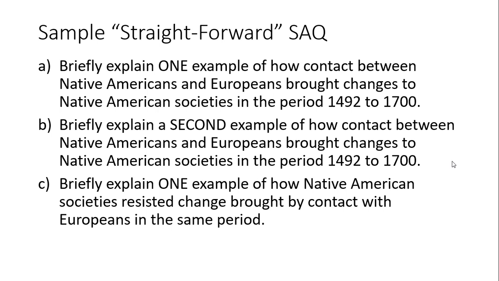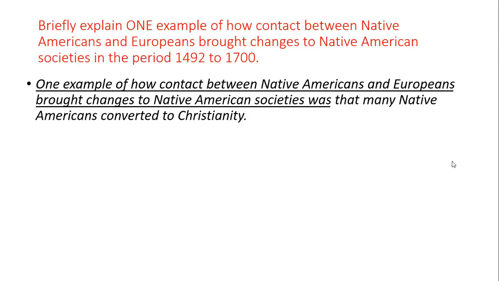So in the response, I want to make sure that I'm putting the emphasis on what's changing in Native American society as a result, as an effect of contact. I don't want to talk a lot about the contact. I'm being asked to explain how contact brought about an effect, the change.